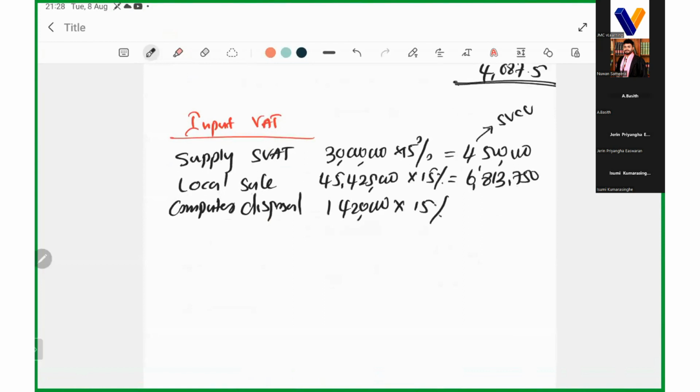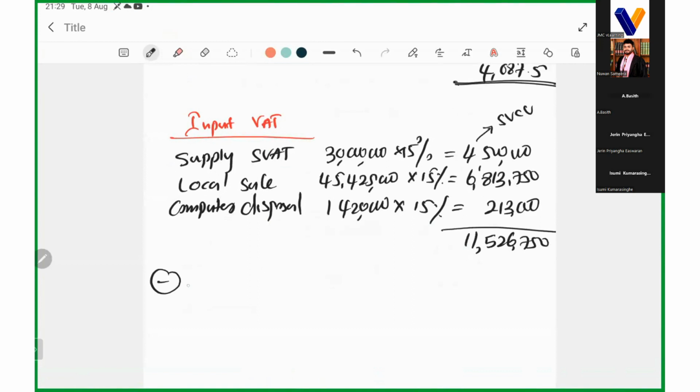That also should be taxed at 15%, right? That is 213,000. Then you can take all together, 11,526,750.